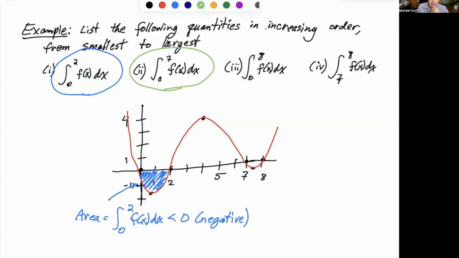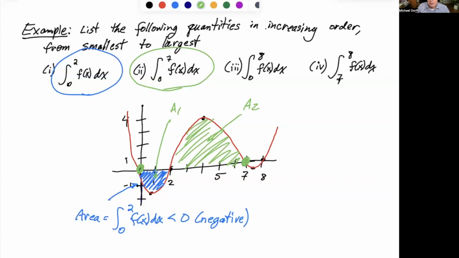All right, let's look at this next one, number 2. The integral from 0 to 7 of f of x dx. 0 to 7 means I'm going from here to there. Now, if I look at this, there's really two components here. There's the blue component that we already talked about being negative, and there's also this. So I can think of this as area 1 and area 2. Notice that area 2 is much larger than area 1. Also, area 1 we saw earlier is negative and area 2 is positive.